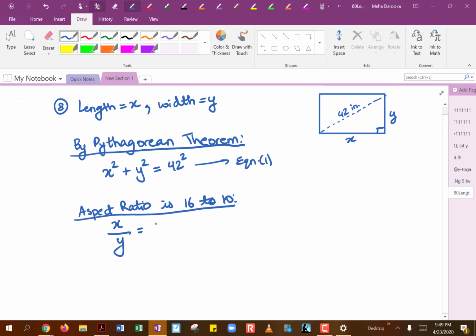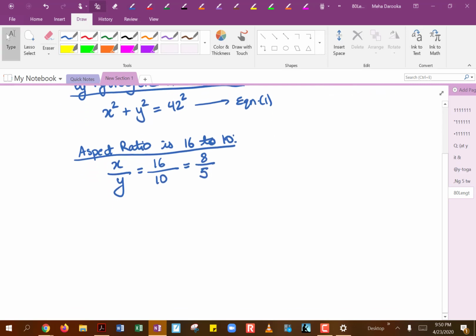So that means the larger number has to go with the length and the smaller number has to go with the width. Now if you want, 16/10 can be reduced down, so both of them can be reduced by a 2. So 16 divided by 2 gives us 8. 10 divided by 2 gives us a 5. So we can go ahead and rewrite this as x over y equals 8/5. Okay, and then let's call this our equation 2.